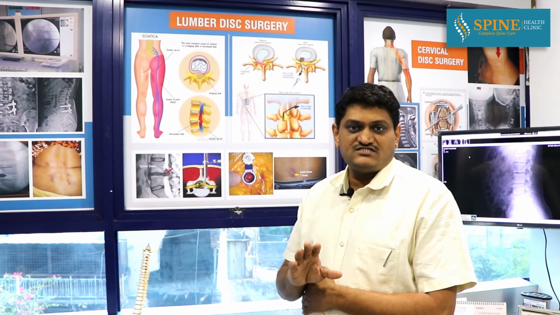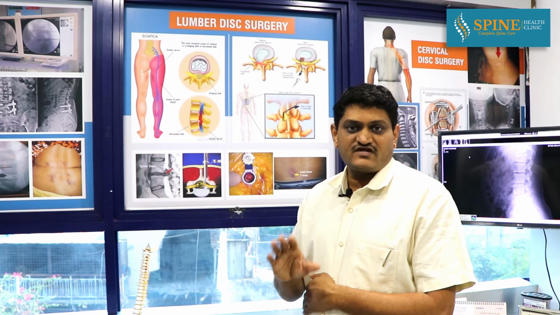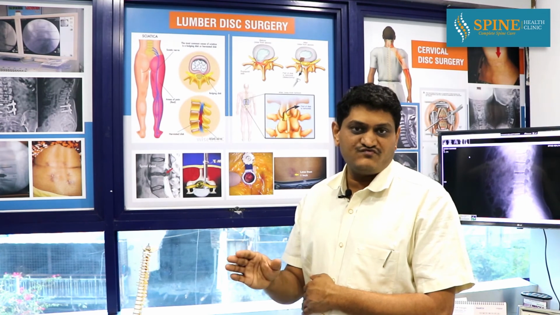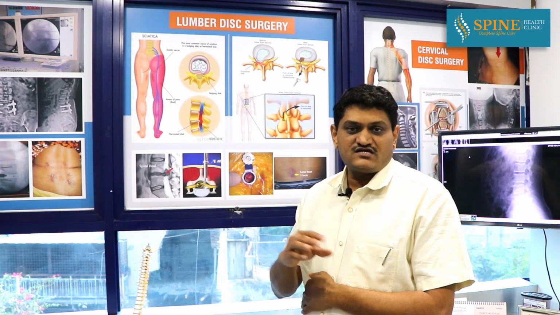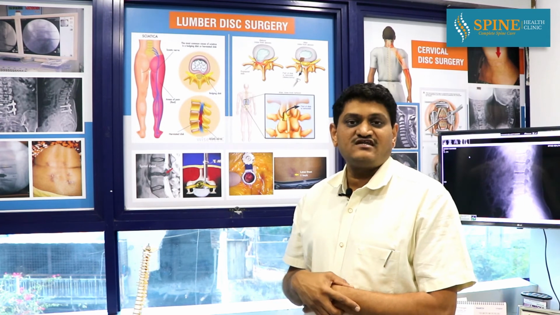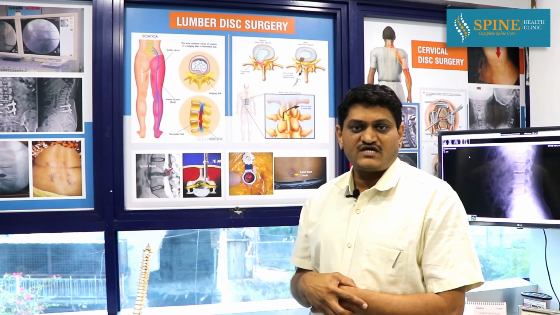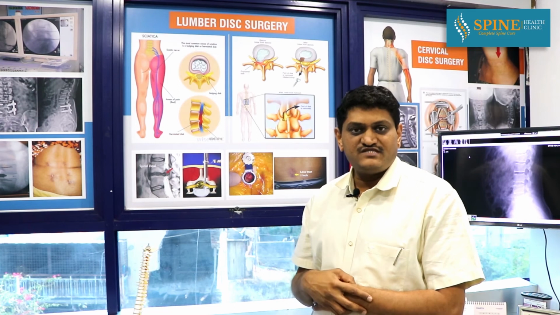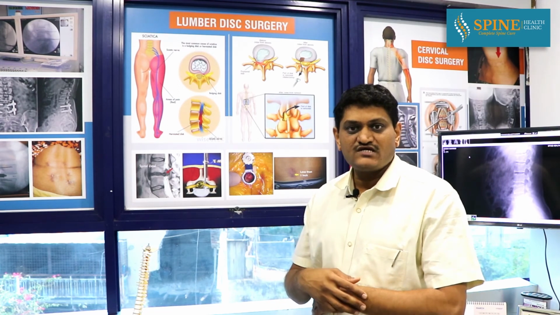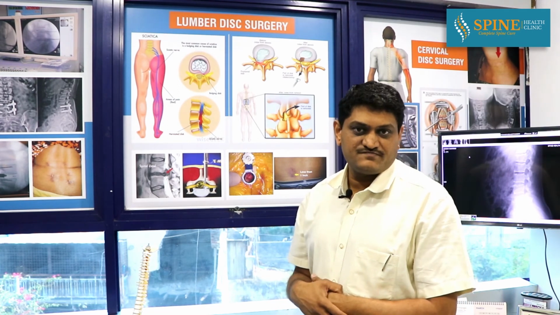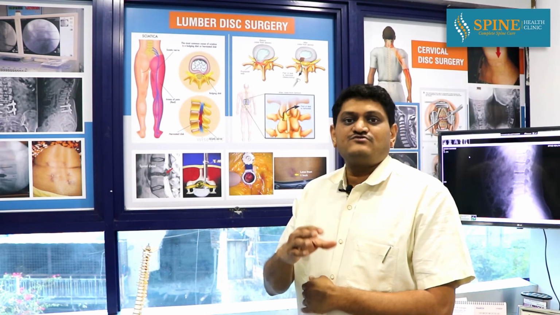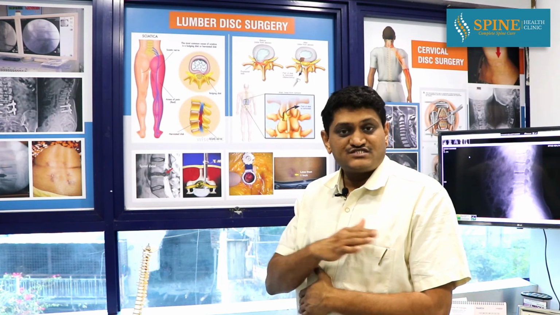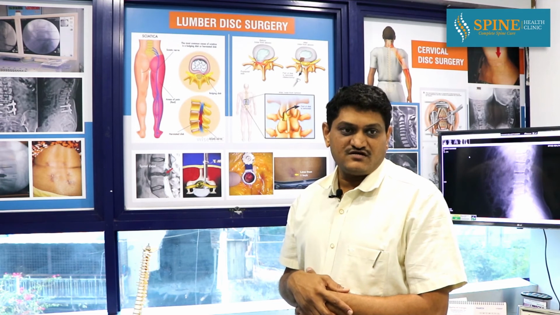Usually we give some analgesics and muscle relaxants, with rest for one or two weeks, and with various physiotherapy techniques we can definitely control their pain. Then we help them get back into their routine and do regular back exercises.